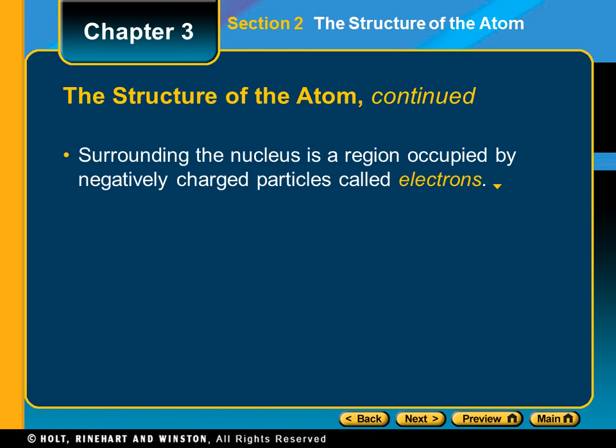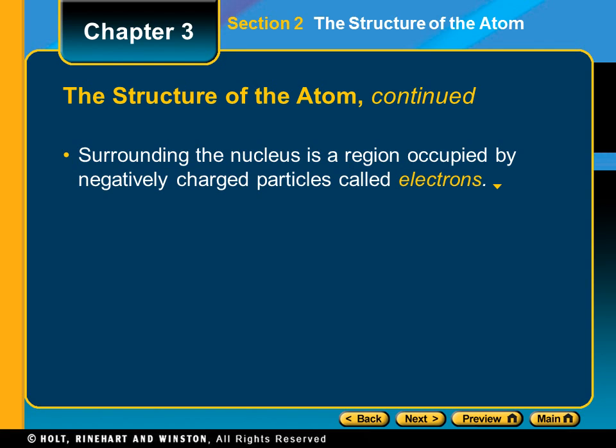But the atom is not just that densely packed center. If, by definition, we're saying that this thing has a center, then we're also saying that it has a region outside of the center. That is a region that surrounds the nucleus, and that region is occupied by the electrons.